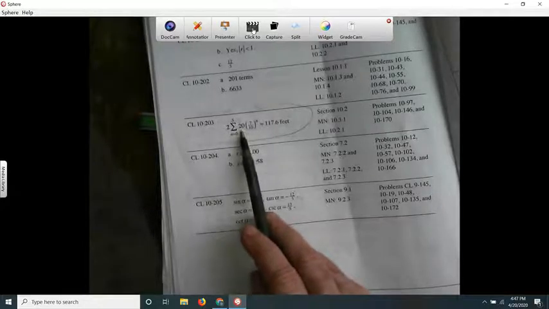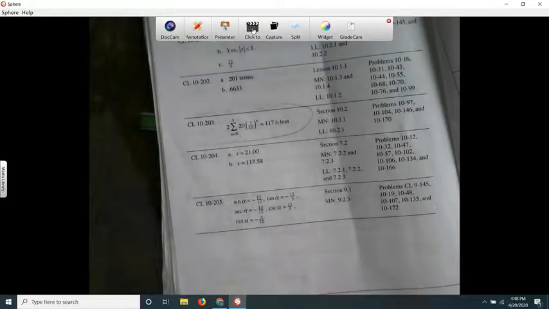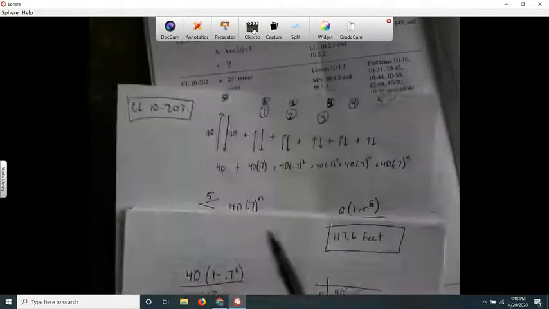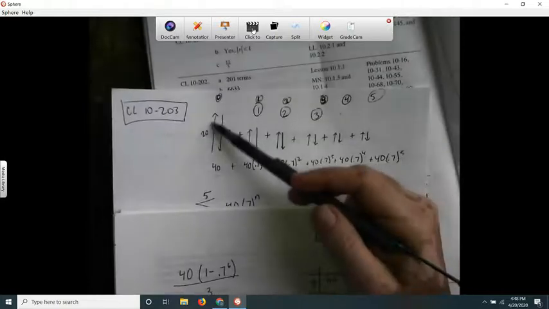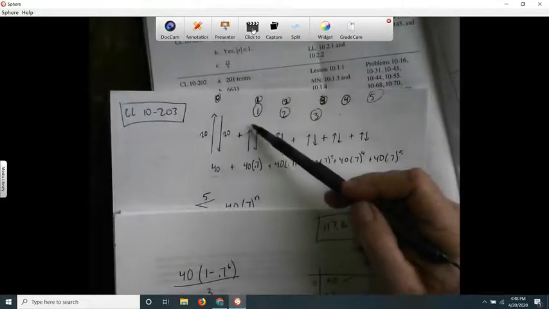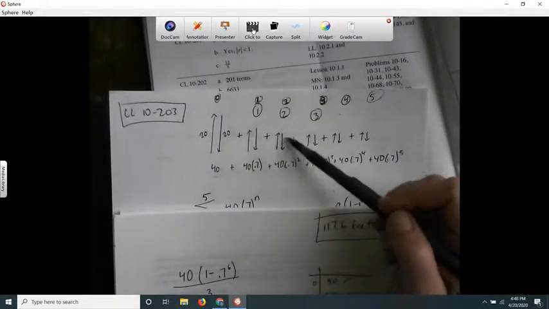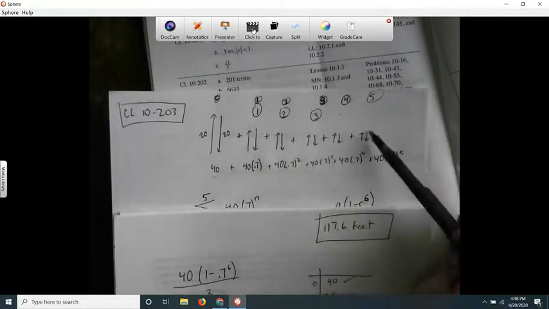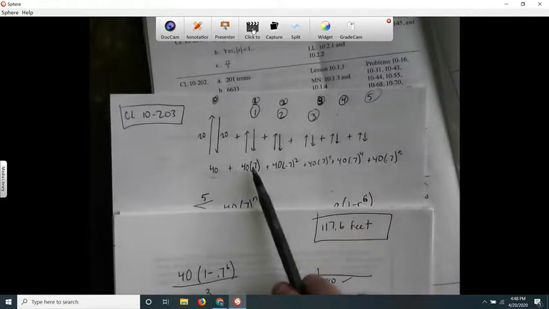I guess they're thinking about the initial throw was 20, but the way I drew my diagram, I like to think of it as what goes up must come down. I just thought it was more simple to just think of it as 40, but then it's adding up to smaller and smaller numbers. And it wasn't very hard.